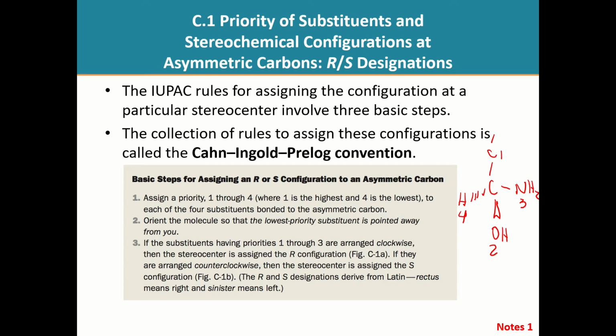Now, step 2 is critical for your success in identifying the configurations: the lowest priority may not be a hydrogen. It may be a different group. The lowest priority group has to be pointing away from you, which simply means it needs to be on the dash.